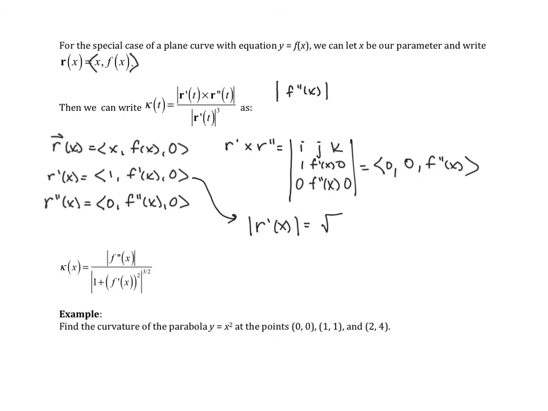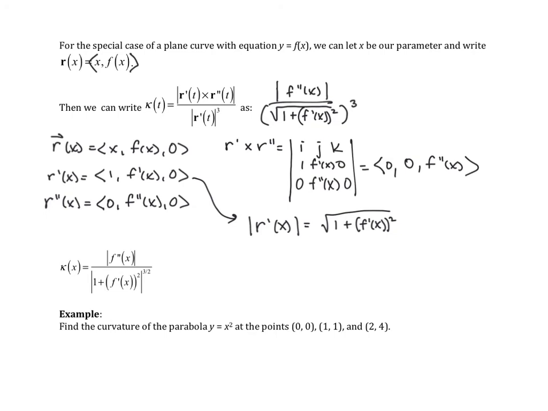This will be the square root of 1 squared, which is just 1, plus f prime of x squared. So I can rewrite my curvature function in terms of x's to be the square root of 1 plus the f prime of x squared, cubed.